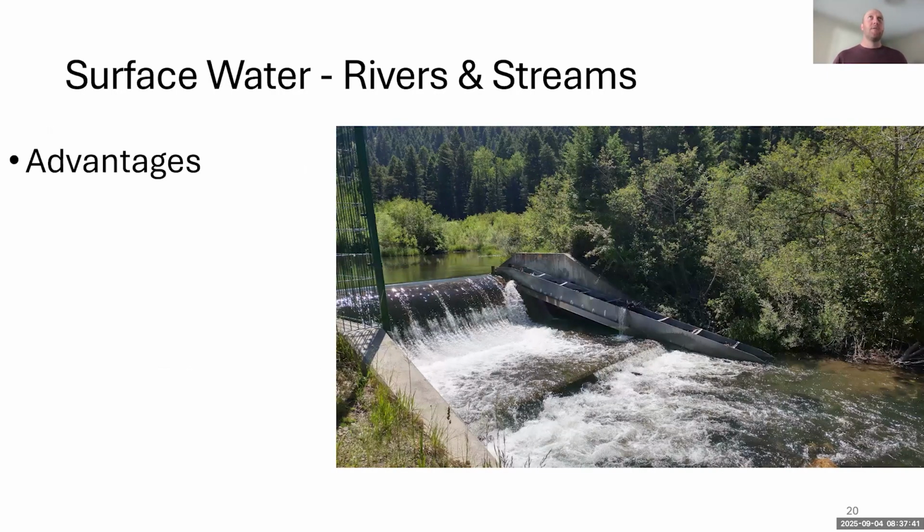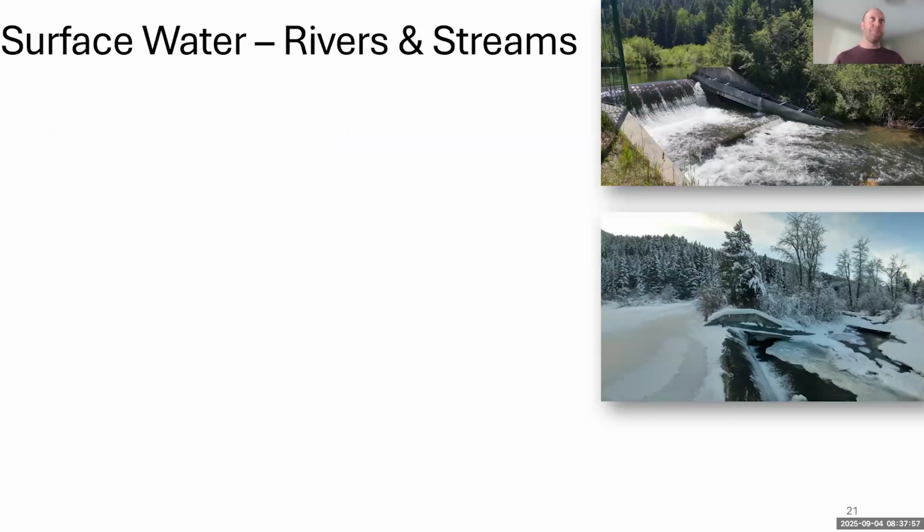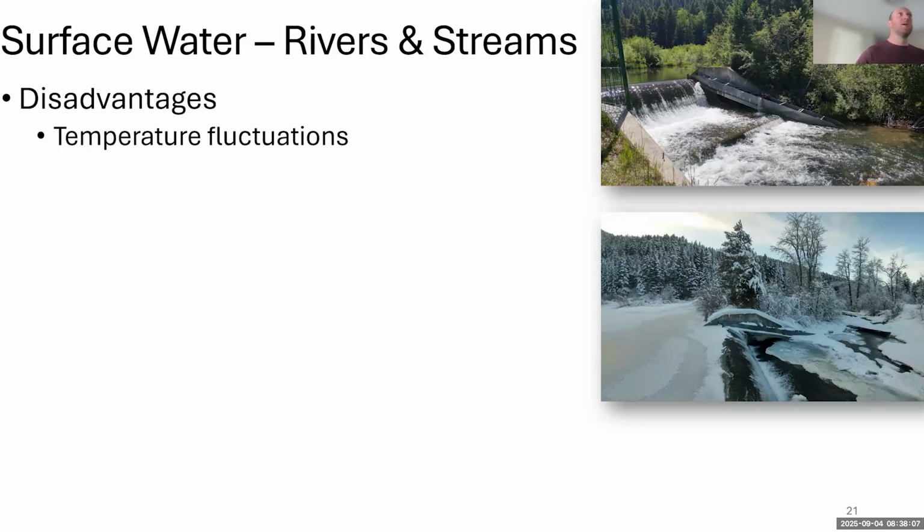Okay, and so rivers and streams compared to lakes is going to pretty much be the opposite of what we talked about with lakes. I'll go through this pretty quick. Minerals do not accumulate in rivers and streams. There's decreased need for the treatment of dissolved contaminants as things like settle out. And then rivers and streams, they have disadvantages though as well compared to reservoirs, excuse me.